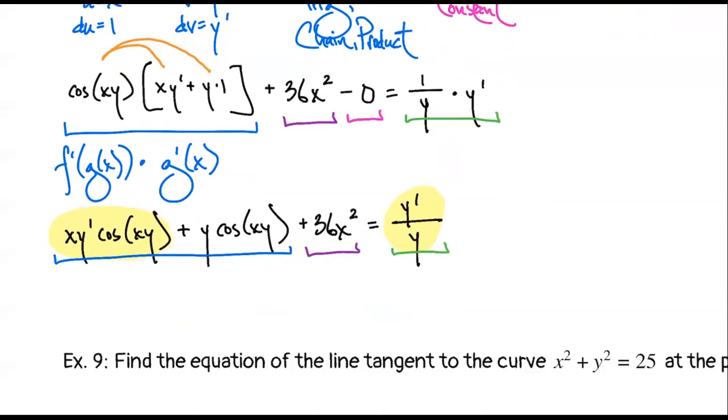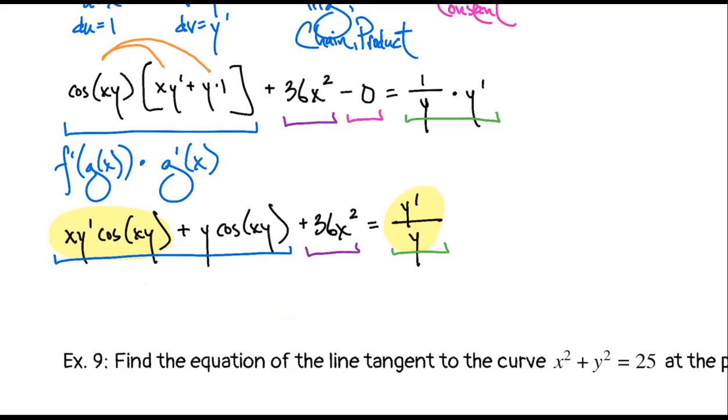Do we want to move the y prime over y? Do we want to move the xy prime cosine xy? Yeah, I think that might work out better too because we have less things to move. I'm going to move this one to the right-hand side. Okay.